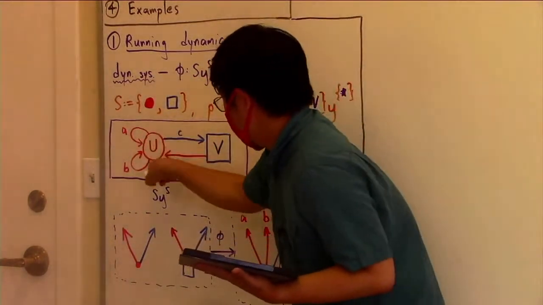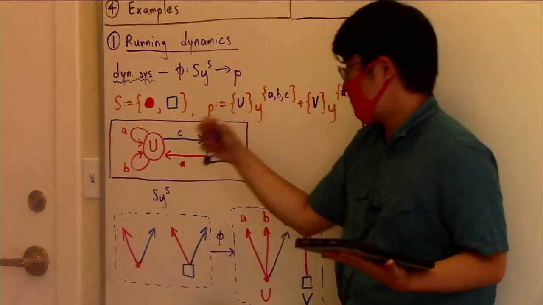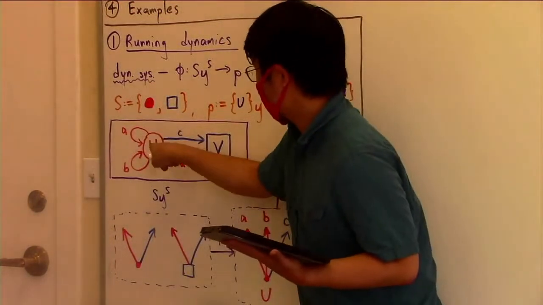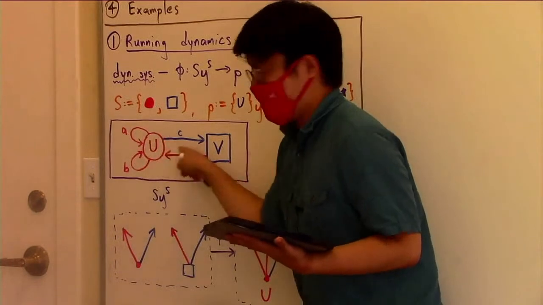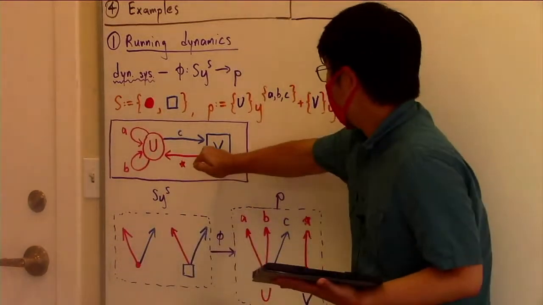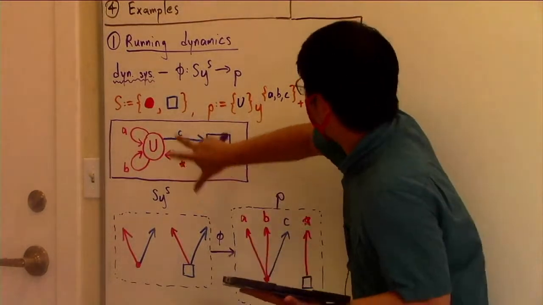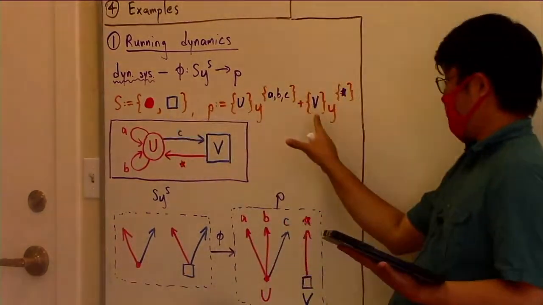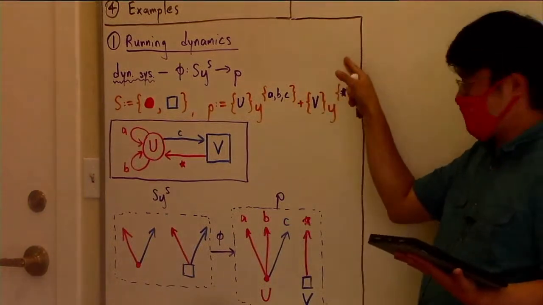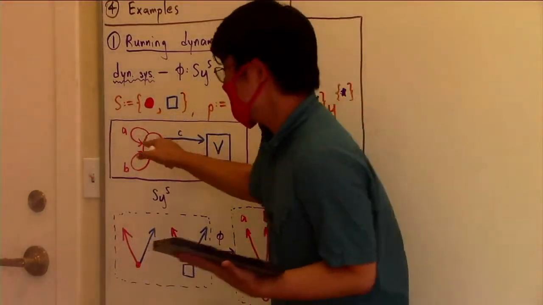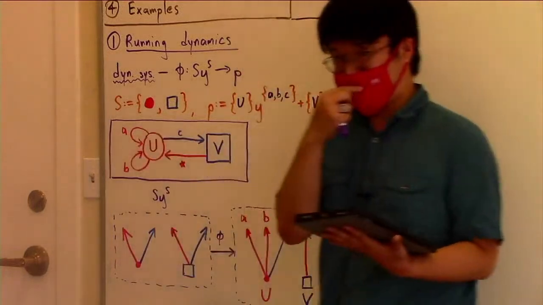And I've colored these arrows with the color of their target, so it's whichever state the arrow leads to. And similarly, if you're at state square, your output is V, so your only possible input is star, and we're going to say that star sends you back to the circle state.